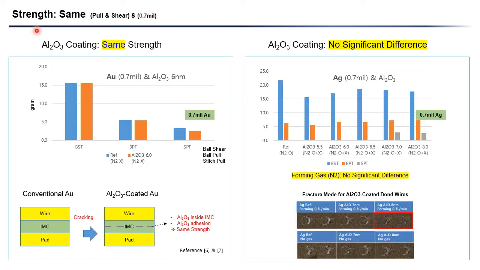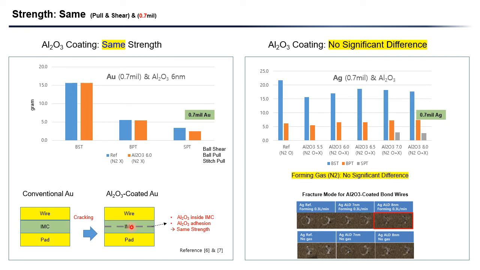Here, the diameter is 0.7 mil gold wire and a silver wire, and almost the same strength were obtained. Aluminum oxide coating does not change IMC types or IMC thickness between wires and pad metals.